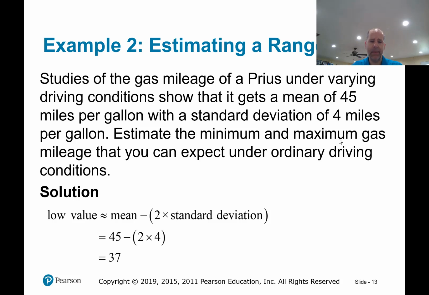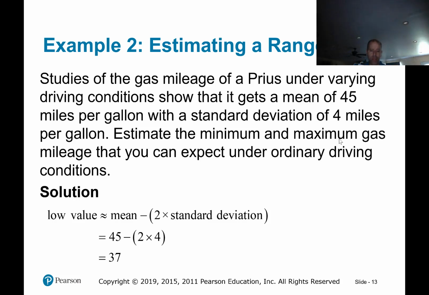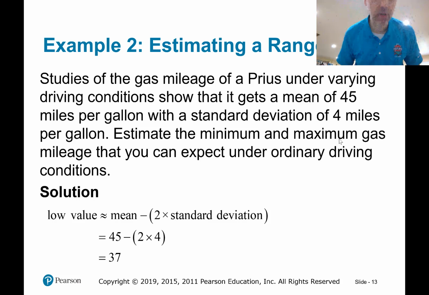Okay, so let's look at this example. Studies show that the gas mileage of a Prius under varying driving conditions has a mean of 45 miles per gallon with a standard deviation of 4 miles per gallon. Estimate the minimum and maximum gas mileage that you can expect under ordinary conditions. So we're asking what would be the low value and the high value.